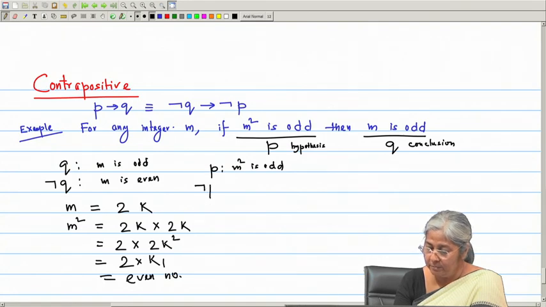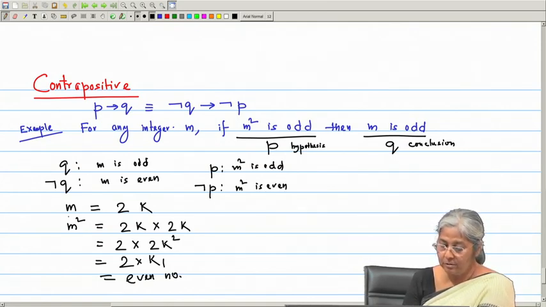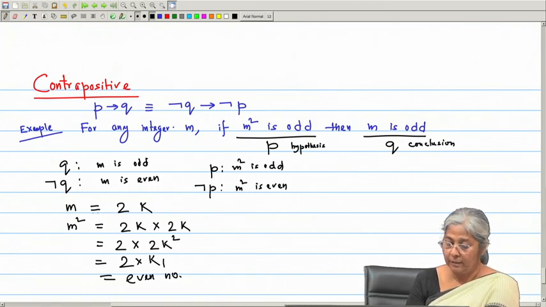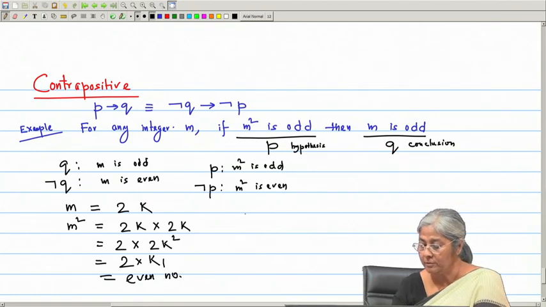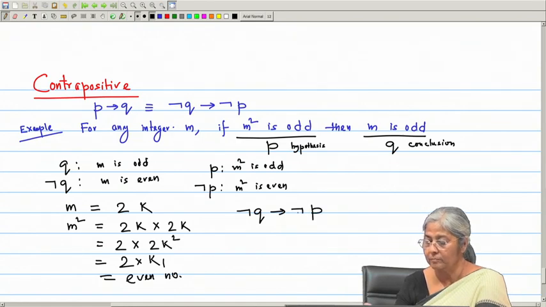So, negation P is m square is even. So, what we see? We started with m is even, that means negation Q, and we got negation P, that means negation Q implies negation P.